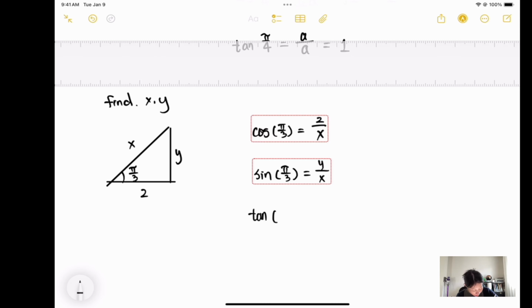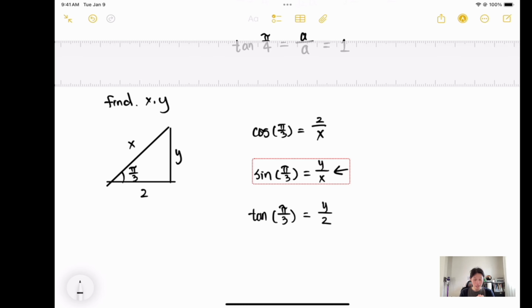And tangent pi over 3 is equal to the opposite over the adjacent side. Okay, so now which one should we use? Actually, we can use all of them, but the easy way to solve it is to pick the one that has just one variable. For example, the sine equation has two variables, x and y, so that means we need to solve either x or y first.